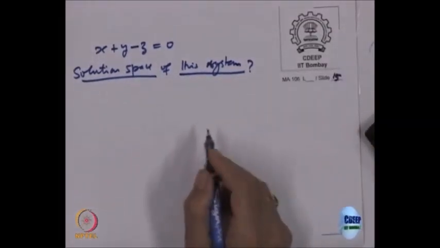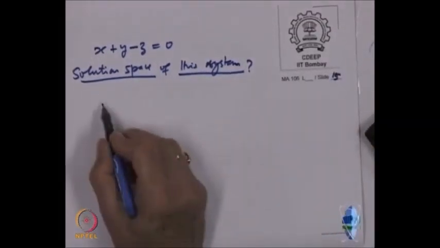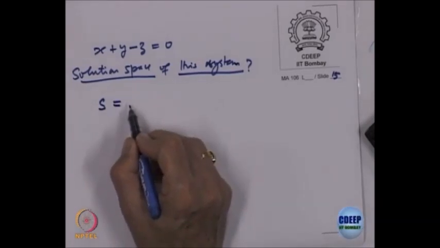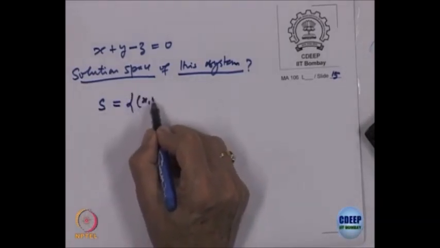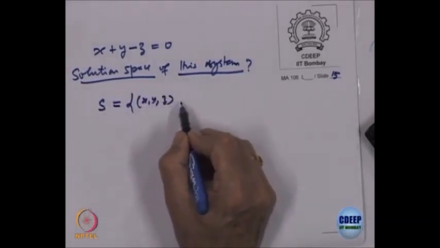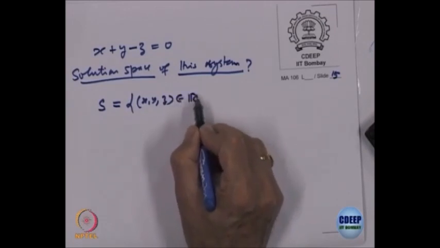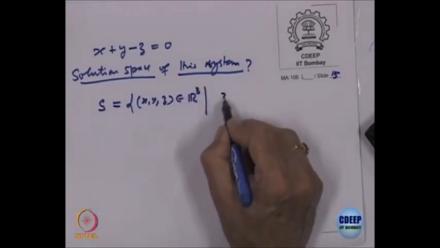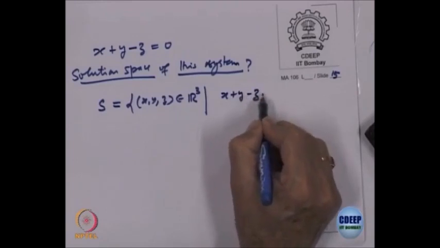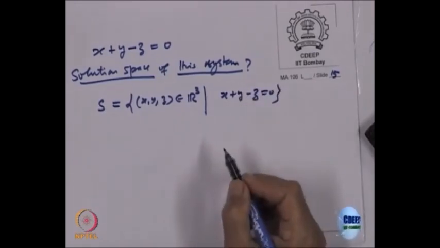What does solution space mean? It is a set S of all x, y and z, elements of R3 since there are 3 variables, such that x plus y minus z is equal to 0, right. As a set I can write this.